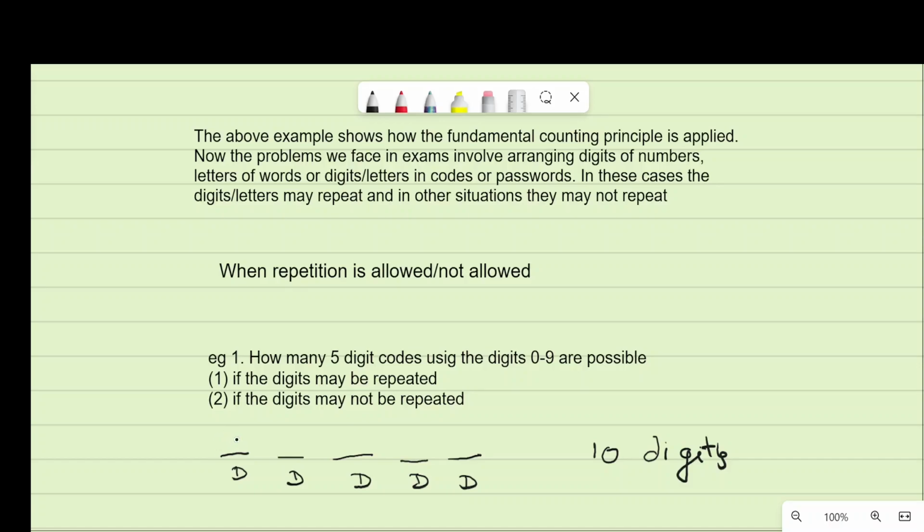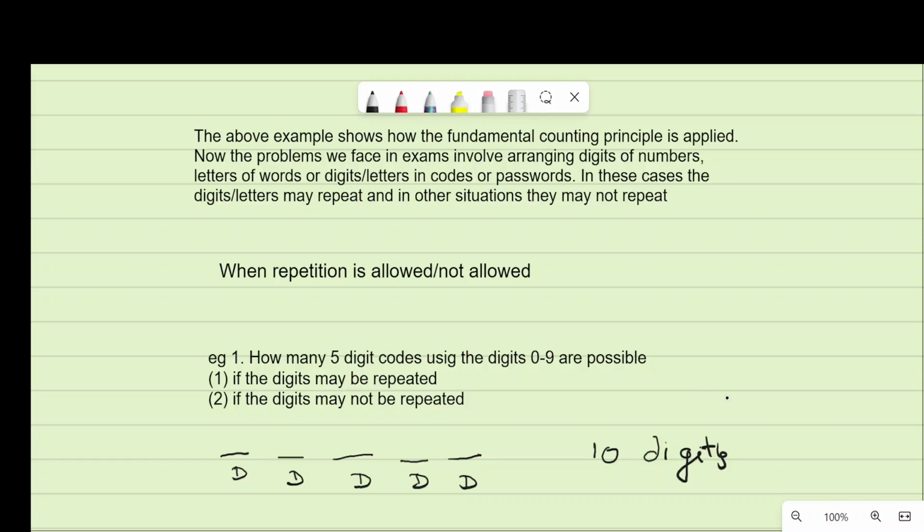It can be any. We look at the first question. How many 5-digit codes using the digits 0 to 9 are possible if the digits may be repeated? That means, suppose you use one digit here, let's say 2. You can use 2 again here. That is the meaning of digits may be repeated.